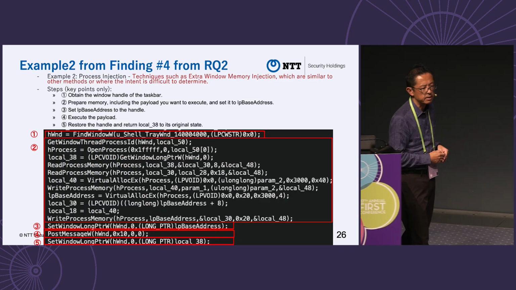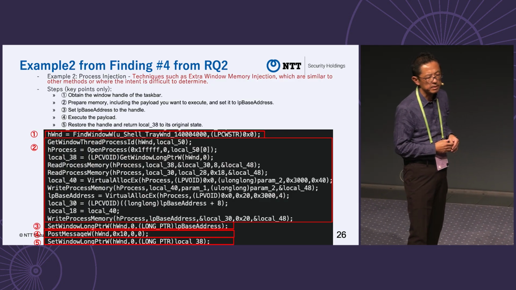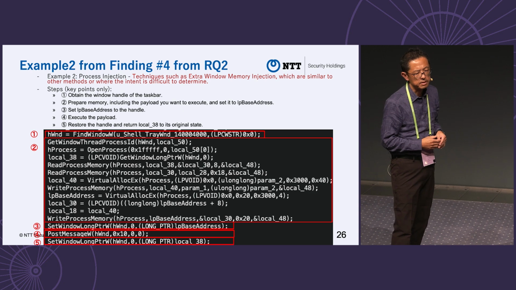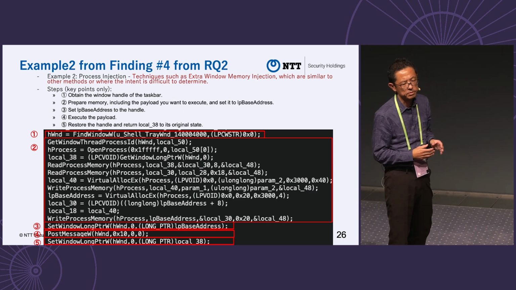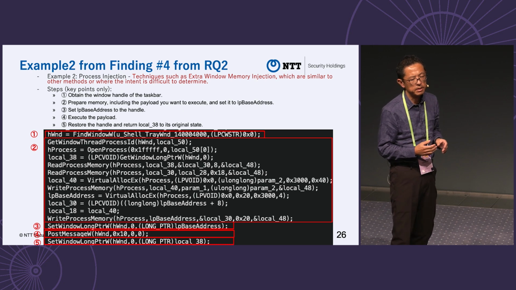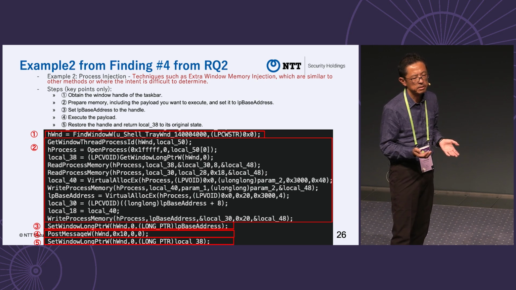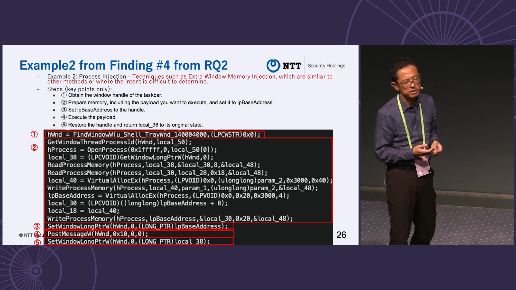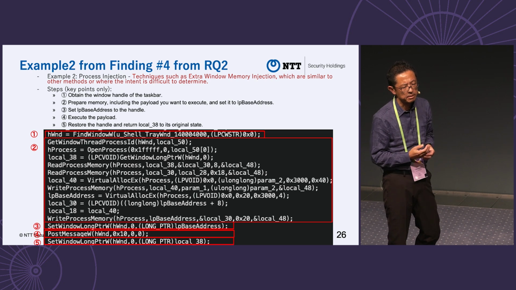And this is another example for finding 4. This is a process injection technique, extra Windows memory injection, which is similar to other methods, where the intent is difficult to determine. This includes 5 steps.